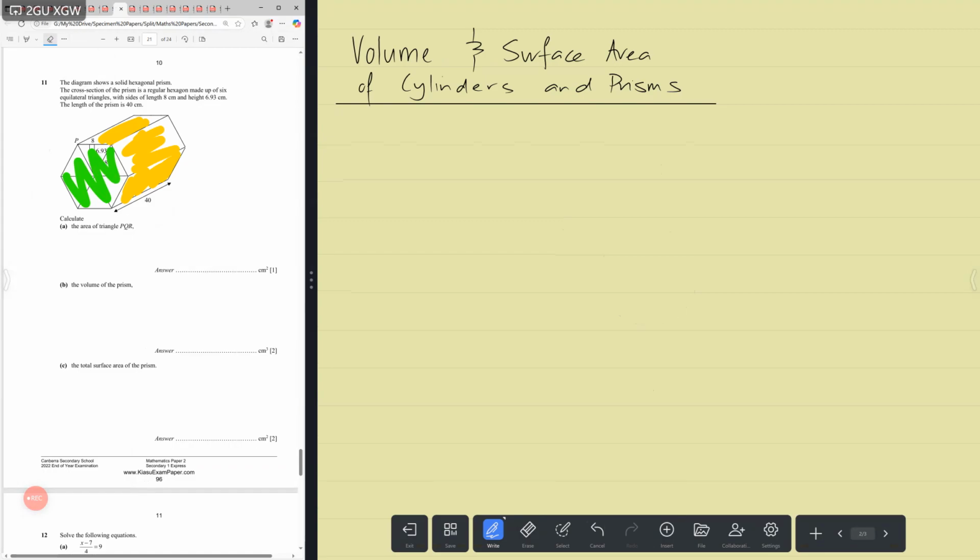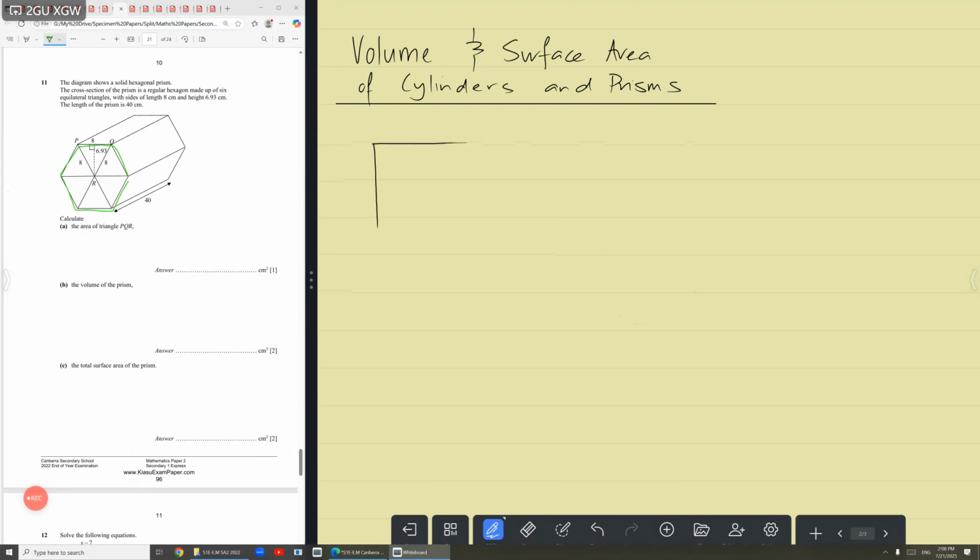So one way to look at the area of the 6 rectangles is by looking at the perimeter of this hexagon. So 1, 2, 3, 4, 5, 6. If we open up this prism and lay it flat, like making the net of this solid, you will basically see this number of rectangles.